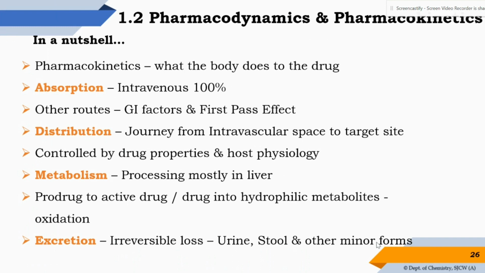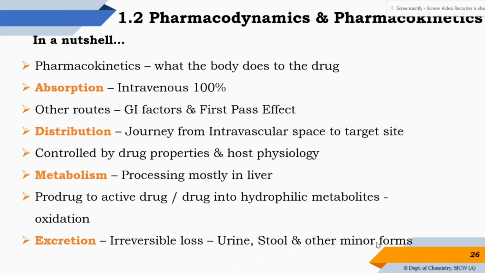Intravenously administered drugs will have 100% absorption, but other routes will suffer from first pass effect and other gastrointestinal factors. We have seen that distribution level is indicated by volume of distribution. It refers to the journey from the intravascular space to the target site, and distribution of the drug is controlled by drug properties as well as host physiology.